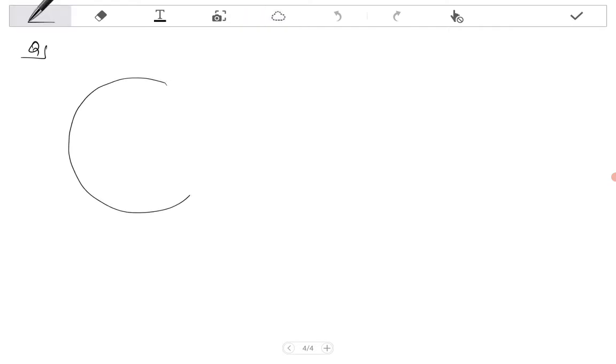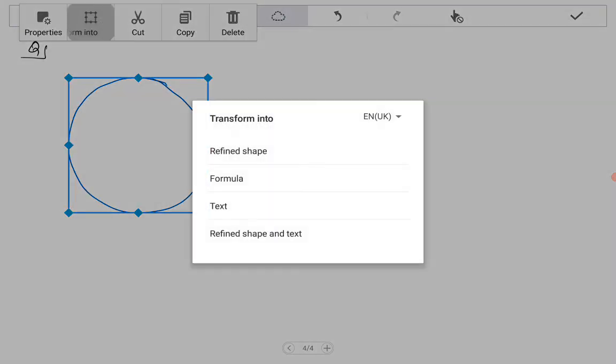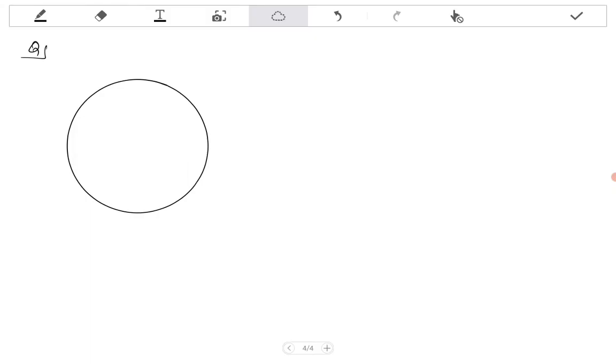There is a circle. Let me try to make it a proper shape of a circle, redefined shape. Okay, now I have a circle. From the center there is a straight line.